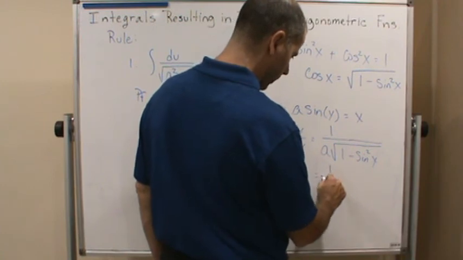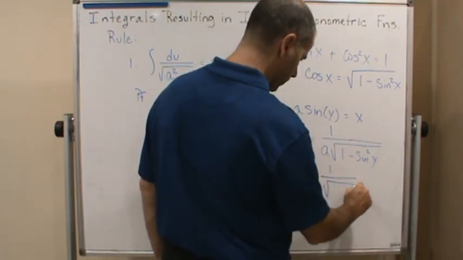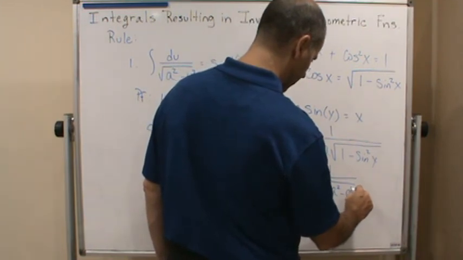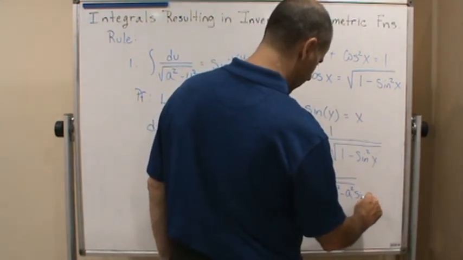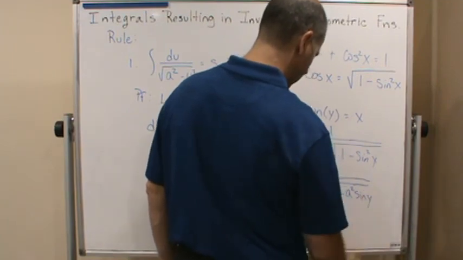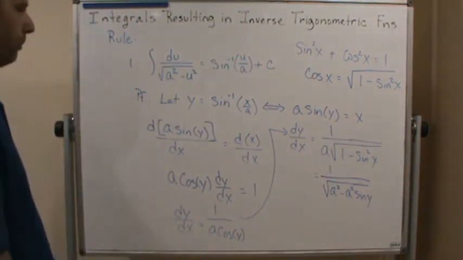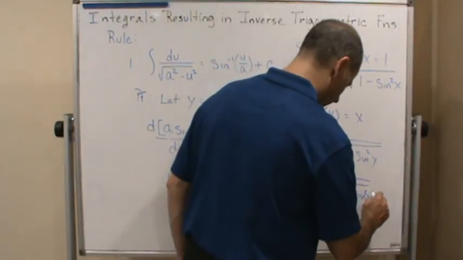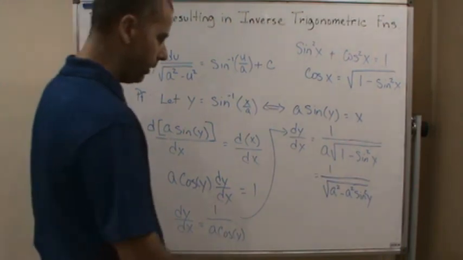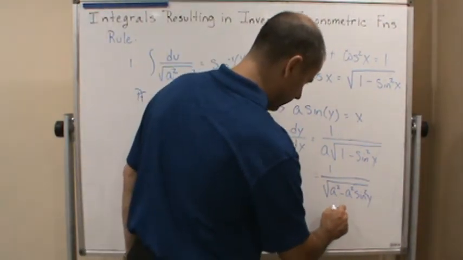This gives me 1 over the square root of a squared minus a squared sine squared y.